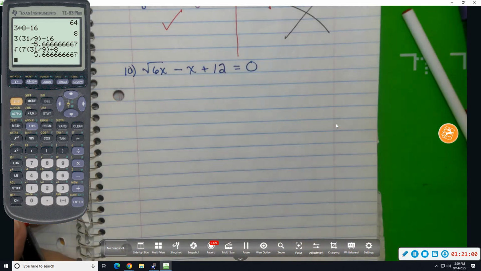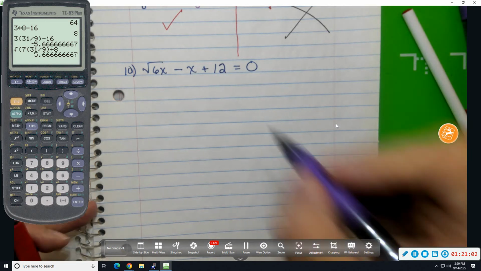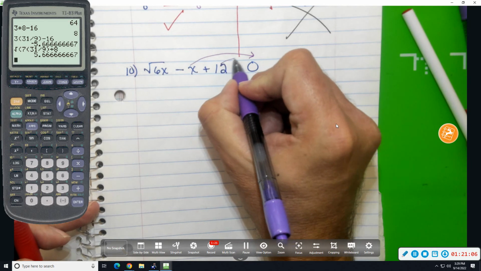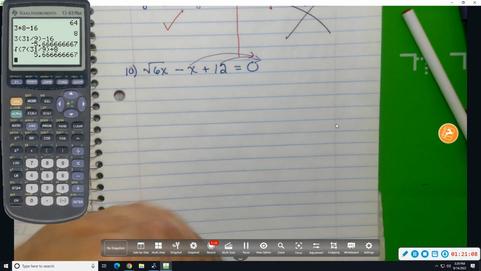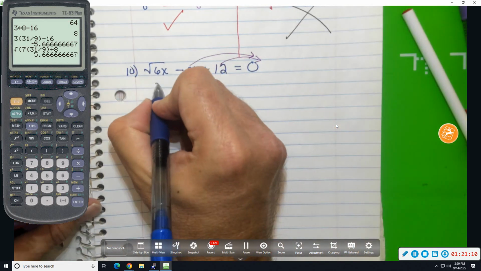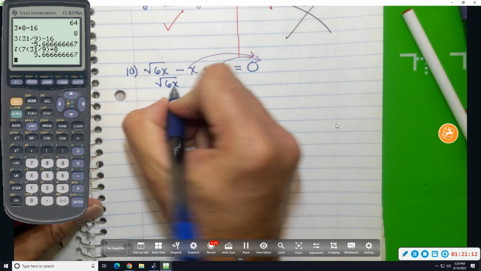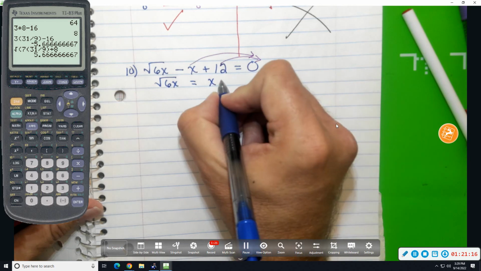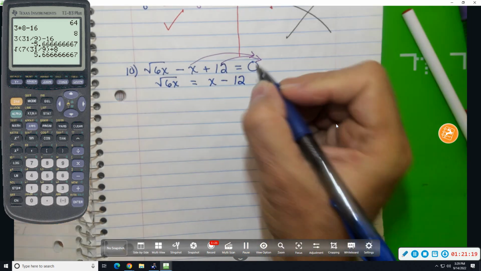I'm thinking it's plus the x, right? Add x, and you're right, also minus the 12. So we're going to have it written like this. Square root of 6x equals x minus 12.